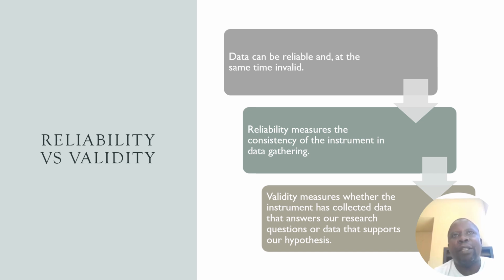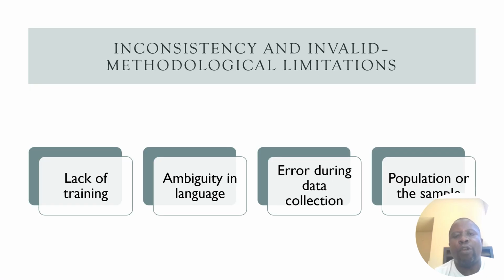So if the data that we have collected does not answer the question, then it means we have got data which is not valid to us. The data is not useful to us, although it can be consistent.